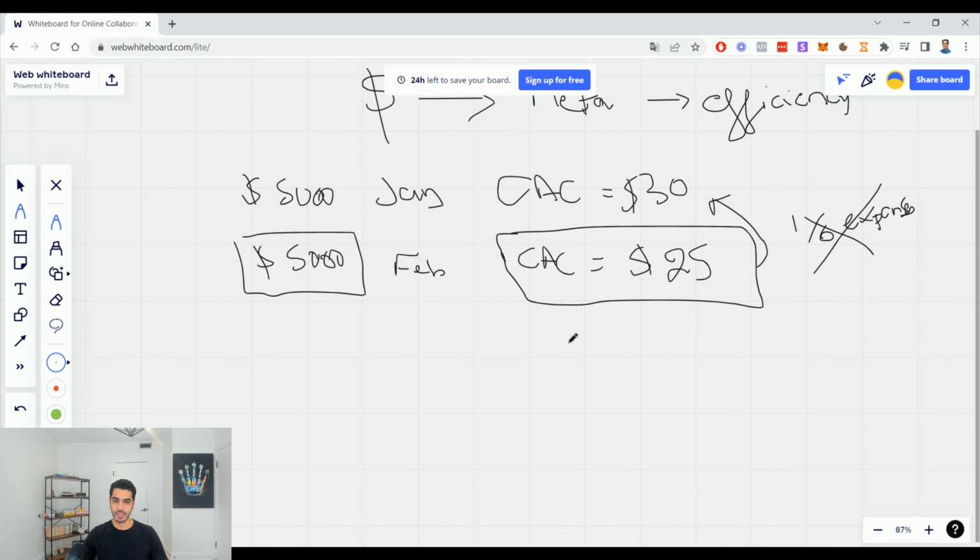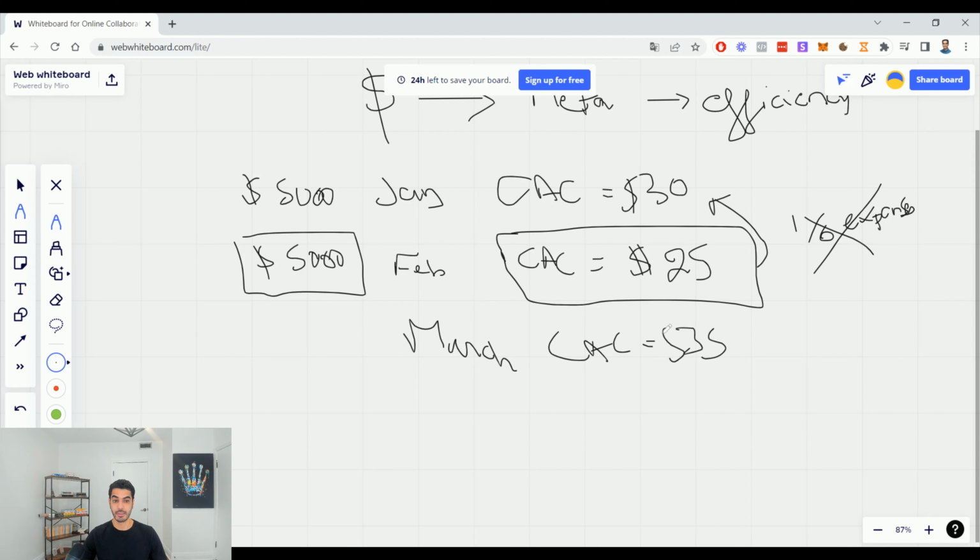However, a lot of advertisers or even brand owners like yourself might wonder how to lower this thing, right? How can we make it that, in January and February, we actually make it a decision to lower it to $25, right? Or a conscious effort to lower it to that level, right? Because a lot of times it happens in February, and then what you end up seeing in March is a CAC of 35, for example.